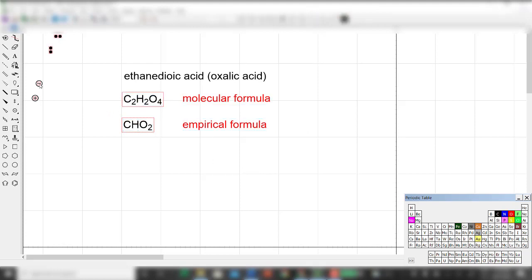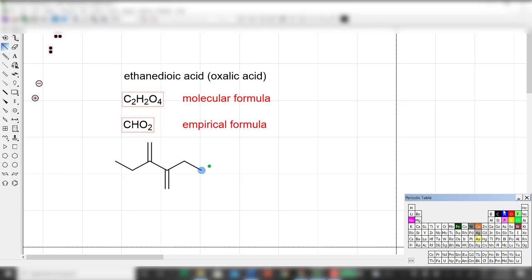Then another kind of formula which you are very familiar with since secondary school is what we call the displayed formula. So the displayed formula is when you actually showcase all the bonds that could be present in your unknowns.